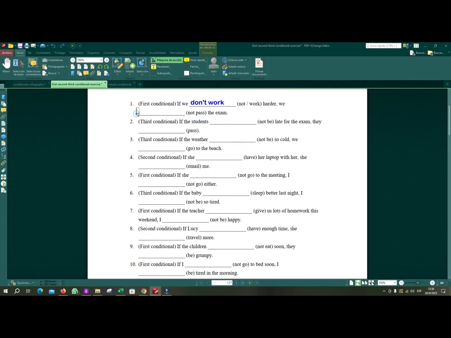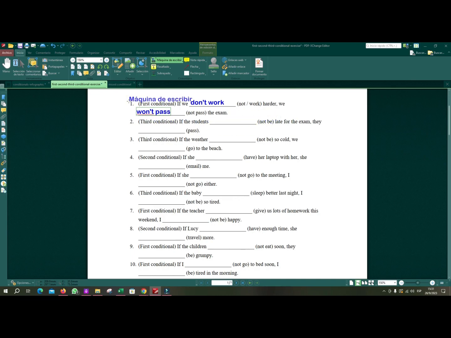And then you're going to have will plus the infinitive, but in this case that is negative, so you can have won't pass the exam, right? So if we don't work harder, we won't pass the exam, right?